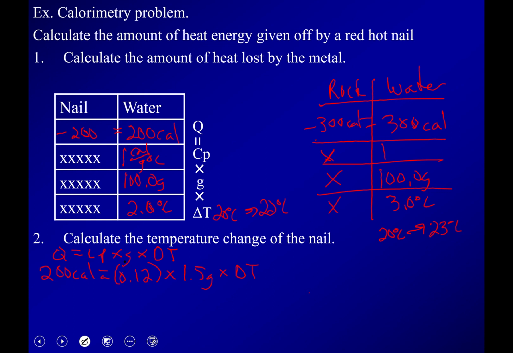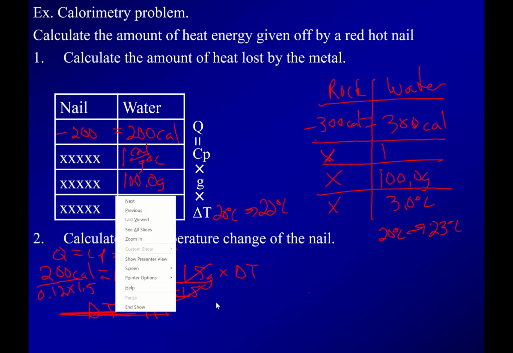We're going to solve for the change in temperature. We can simplify if we want, but I'm just going to do it this way. Those cancel out. 200 divided by 0.12 times 1.5. Change in temperature is going to be 1,100 approximately.